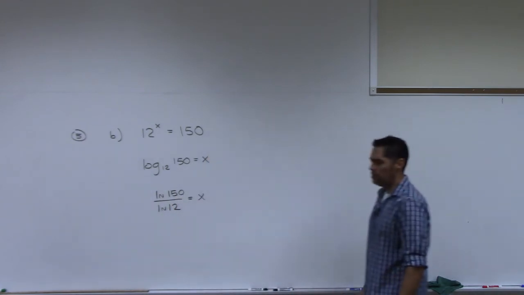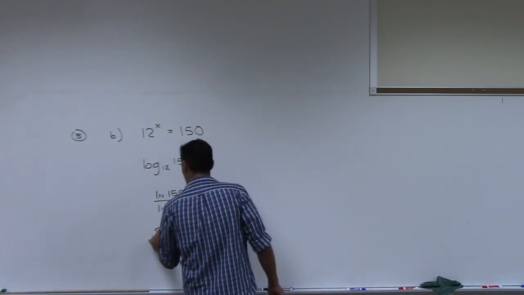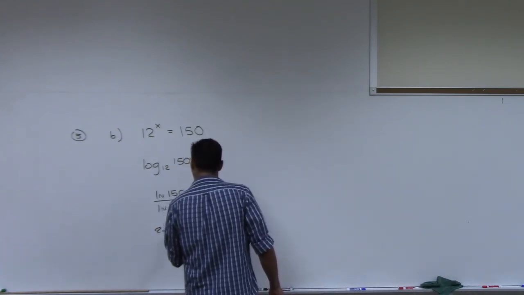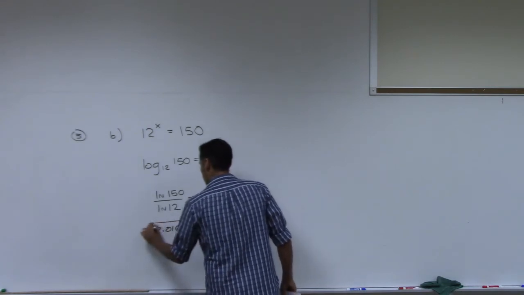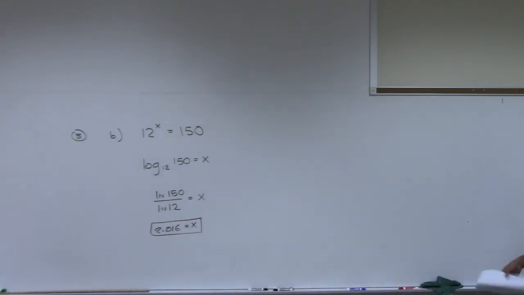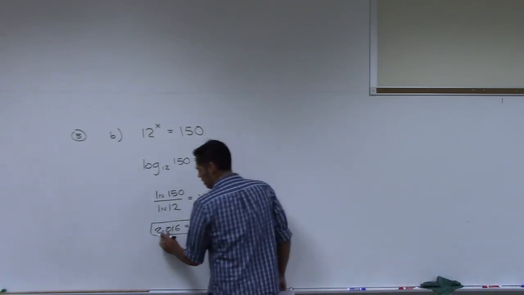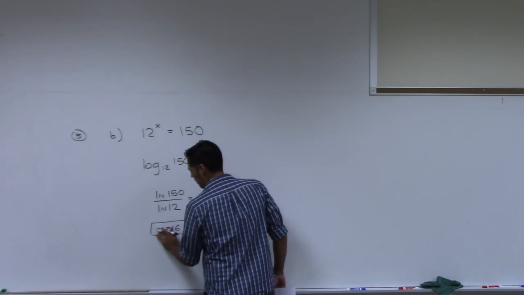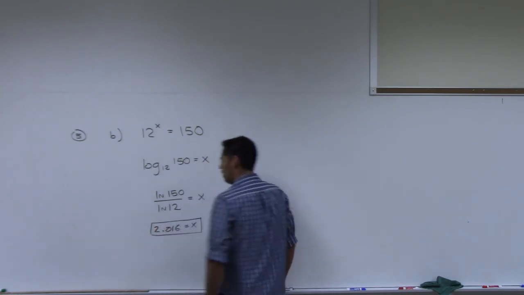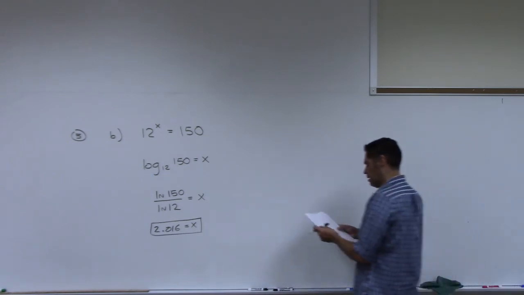And what do you get there? 2.016? That's a 2 up front. That's a pretty terrible 2. We good? Okay, part C.